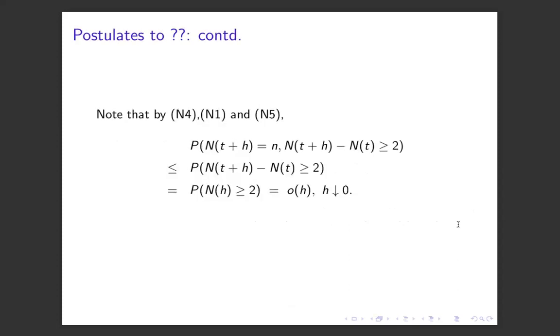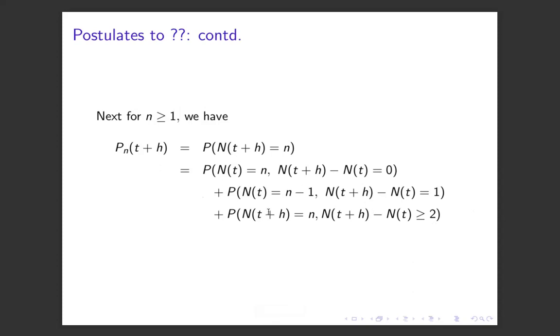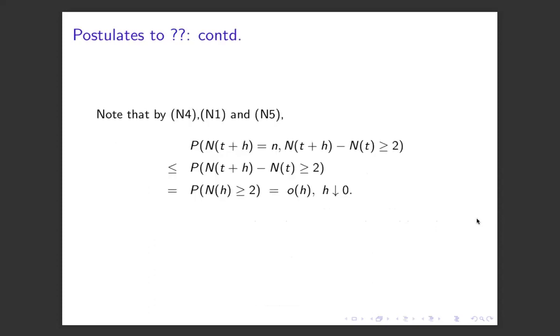All right. So now we will look at the third term on the right side first. And of course, it is clear that in this we are going to make use of N5, N6, etc. Before that, this is the intersection of 2 events: N of t plus h is equal to n, and the increment in t to t plus h is greater than or equal to 2.